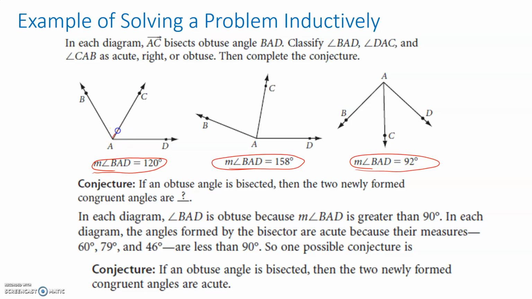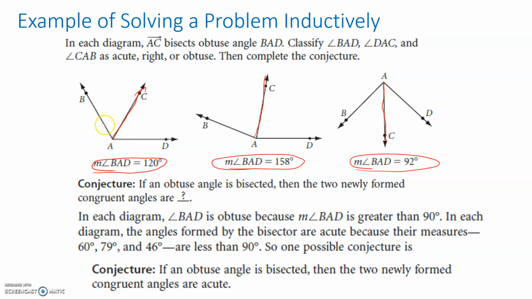Then there's this ray AC that bisects it. So in each case, AC is coming as a ray and bisecting that angle BAD. Then it says classify angle BAD, DAC, and CAB as acute, right, or obtuse.